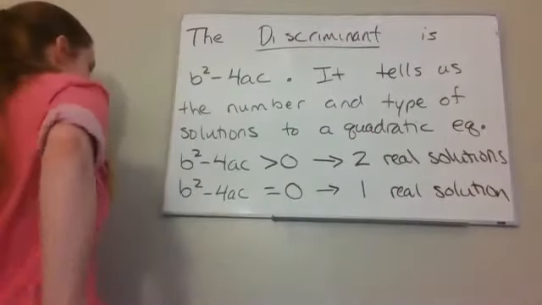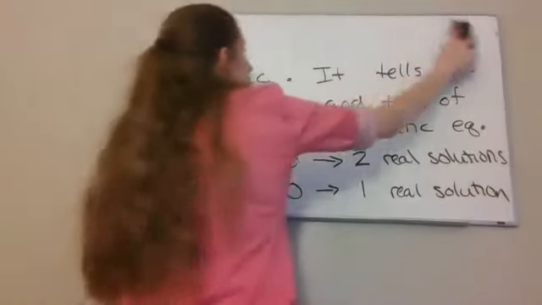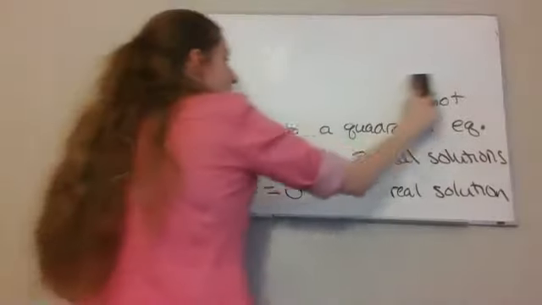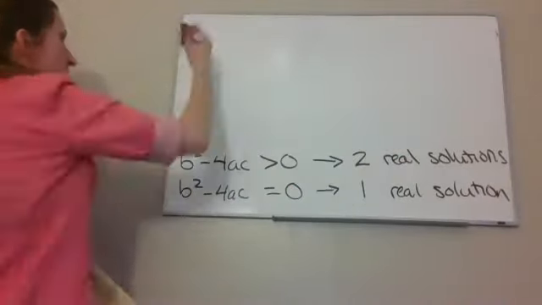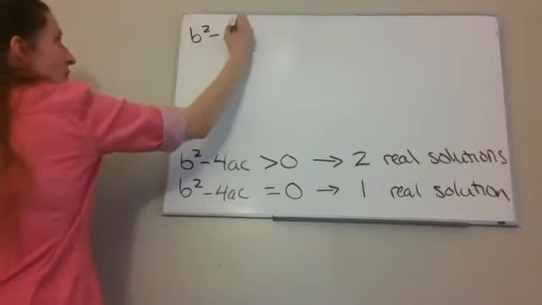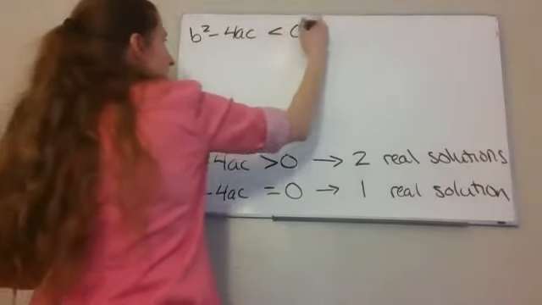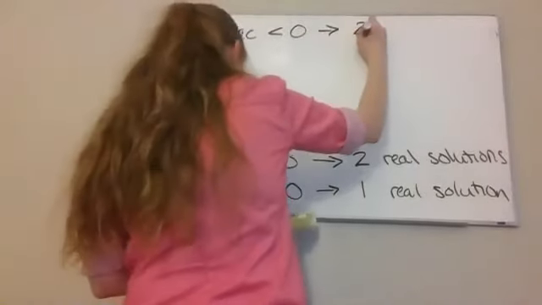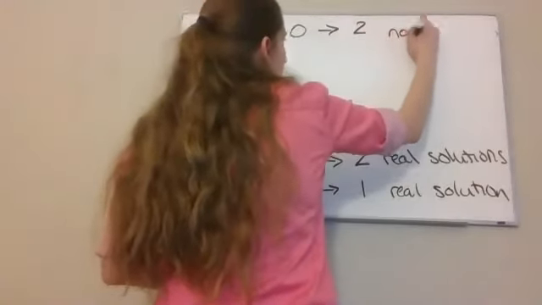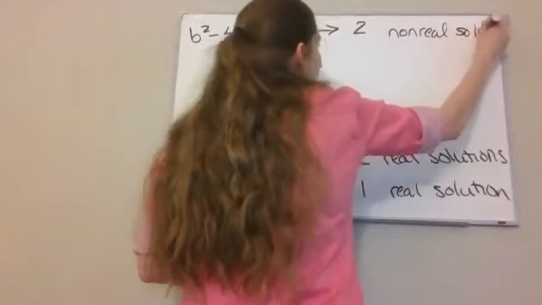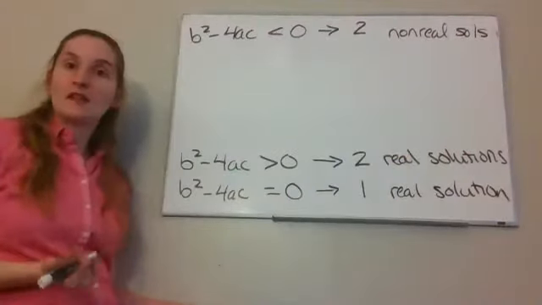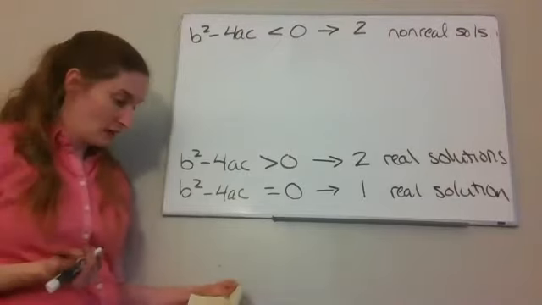And the only other possibility is if that b squared minus 4ac is less than 0. If b squared minus 4ac is less than 0, you have 2 non-real solutions. So in those cases, you're going to end up with i's in your answer.